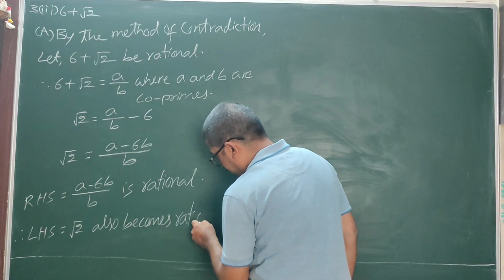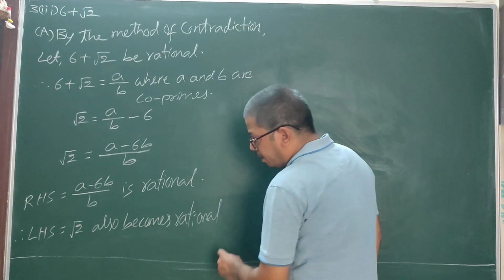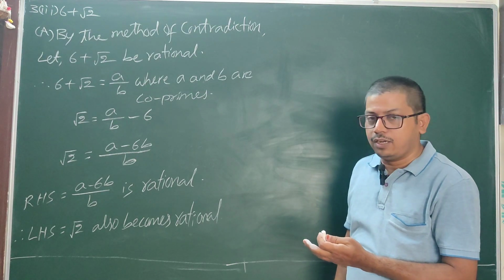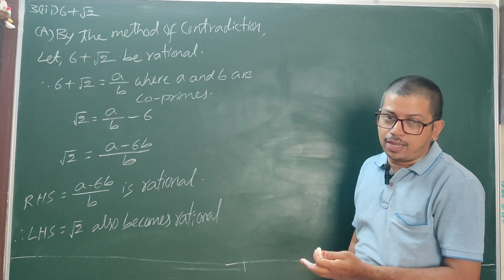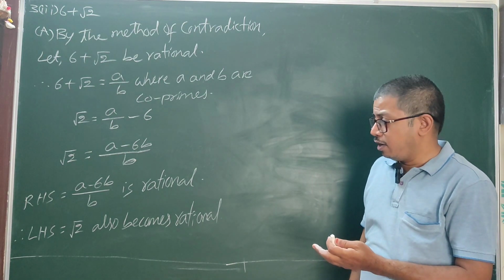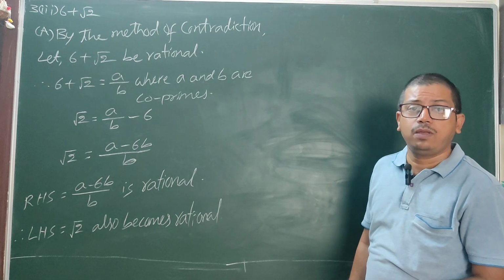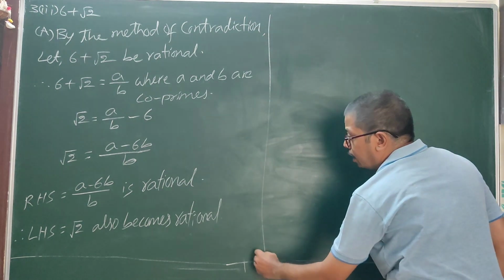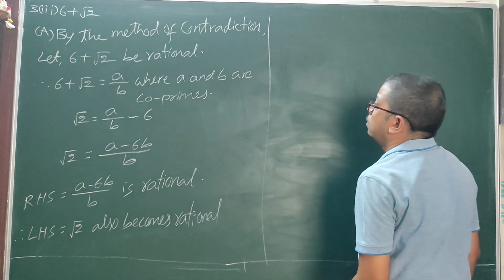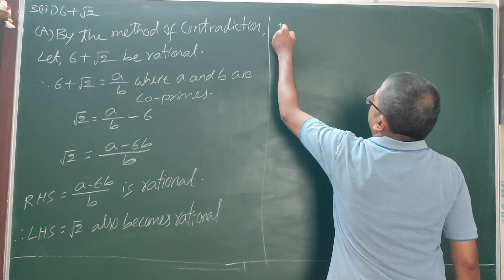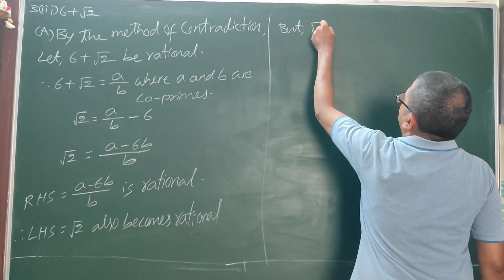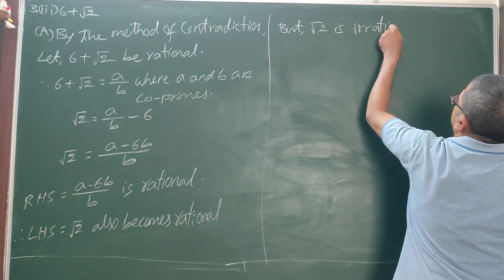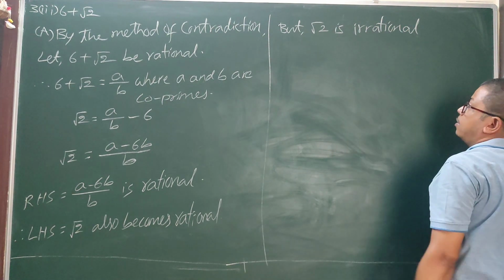It is inevitable because when RHS is rational, LHS cannot resist. It has to be a rational number. But the LHS we have is root 2. But root 2 is irrational.